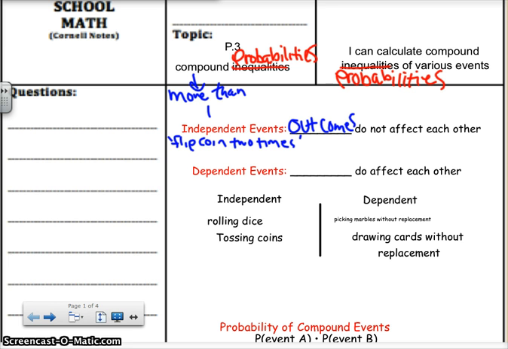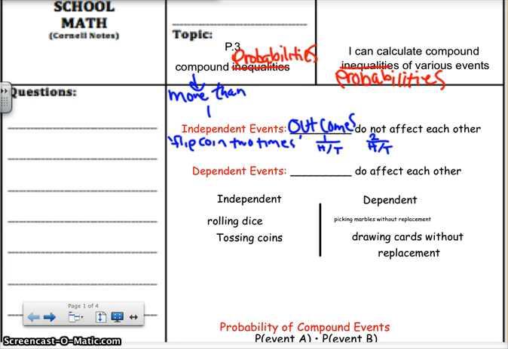If I flip the coin the first time, I'm either going to get a heads or a tail. My second flip, same thing. It doesn't matter what happened the first flip. It doesn't matter at all. I'm still going to get either a heads or a tails. So they don't have any real connection. They don't depend on each other.